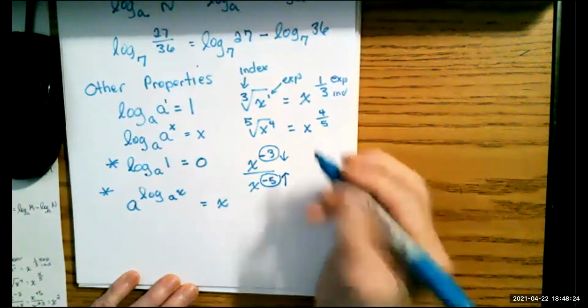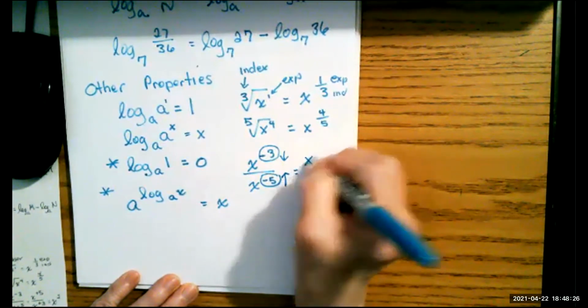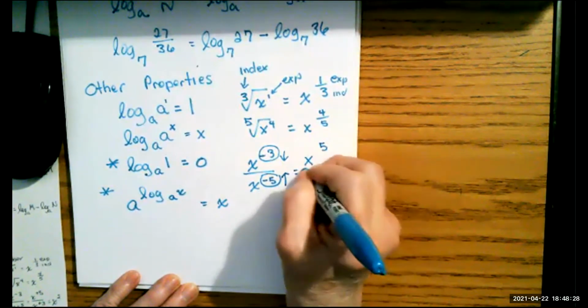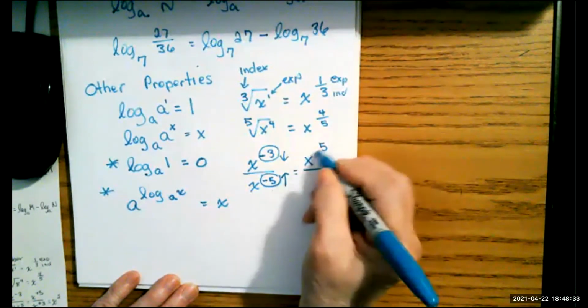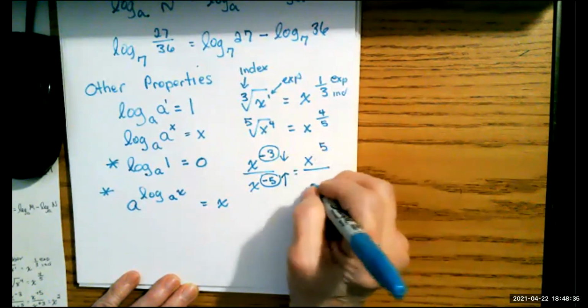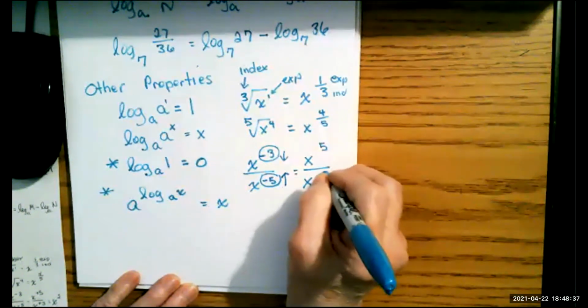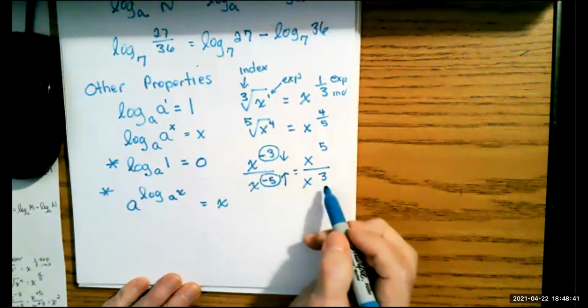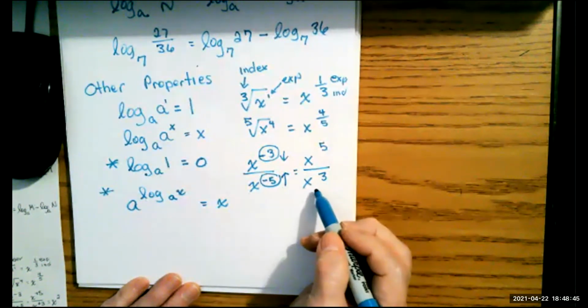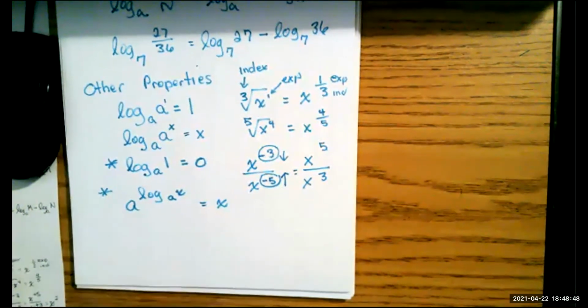So those are actually going to change places. So I'm going to have the X to the positive 5 on the top. It will change the sign on the exponent from negative to positive. And my X to the 3 will come down to the bottom. And it was in the numerator, and now I moved it to the bottom. So it's going to change that from a negative to a positive.